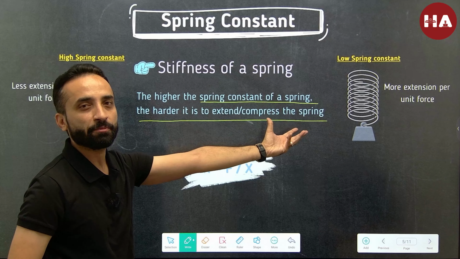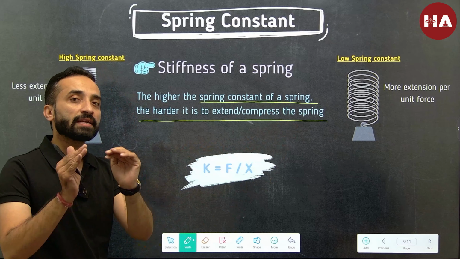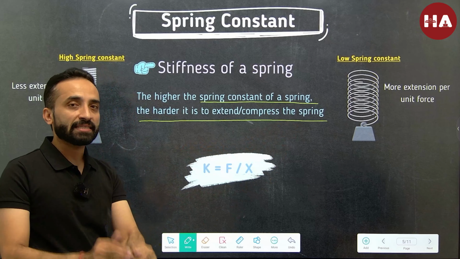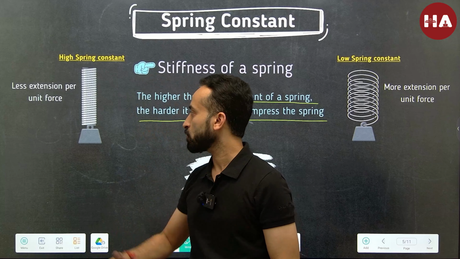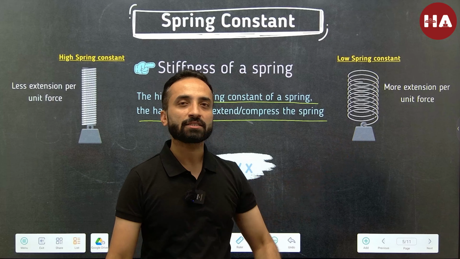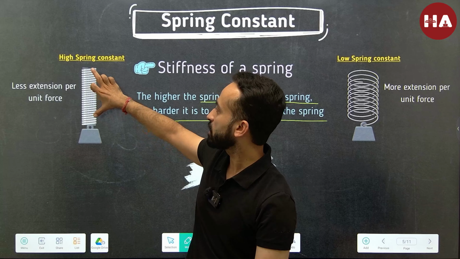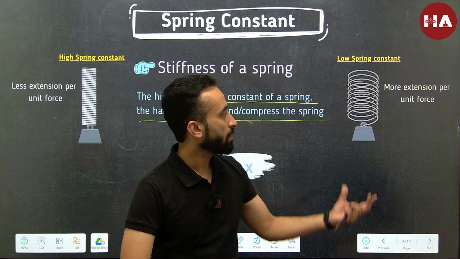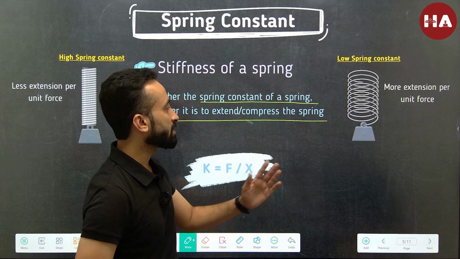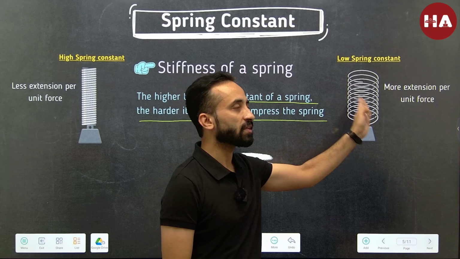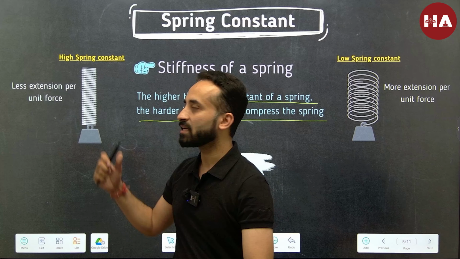So this has a low spring constant, that means you need lesser force for causing the same extension, isn't it? Or you can say you have more extension when you apply the same force. So this load and this load both look the same, but you can imagine this does not extend much, but this extends easily. That means the spring constant of this is less and this is more.